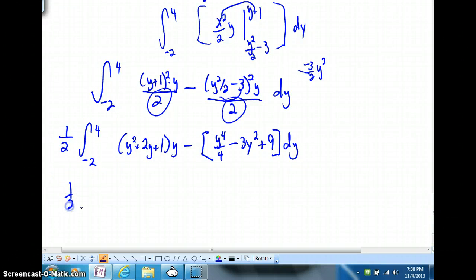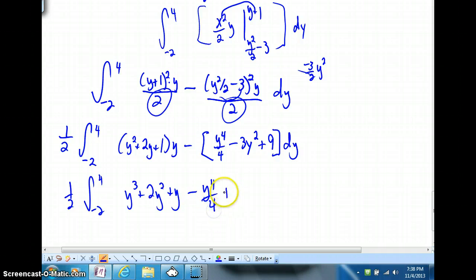We could distribute that y in very quickly and get y to the 3rd plus 2y squared plus y. Distribute this negative: y to the 4th over 4 plus 3y squared minus 9.